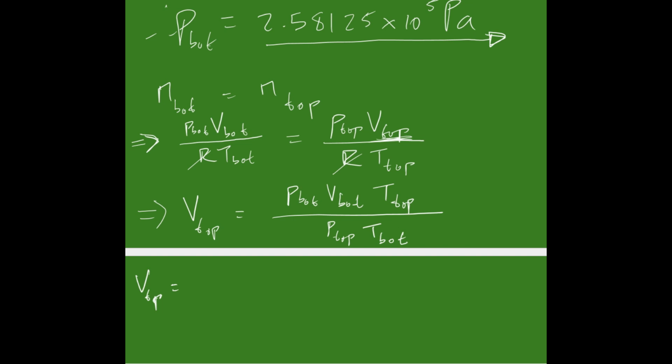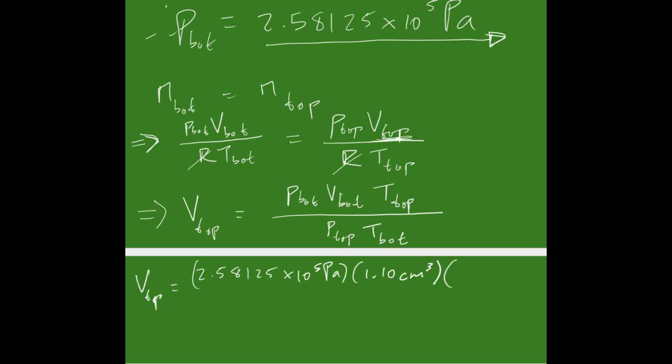So volume at the top is equal to, so what is the pressure at the bottom? We calculated that above, so that's 2.58125 times 10 to the power 5 pascals. The volume at the bottom is 1.10 cubic centimeters.